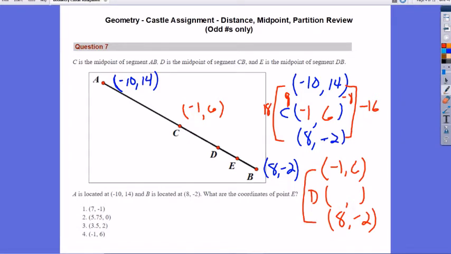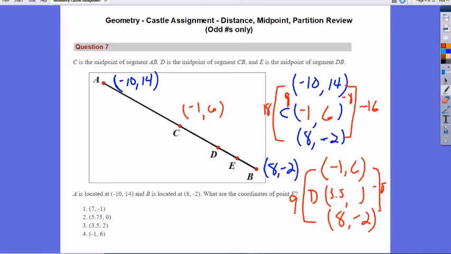That's up 9, 4.5. So 3.5, comma. That's down 8, down 4. So 2. So 3.5, comma 2.